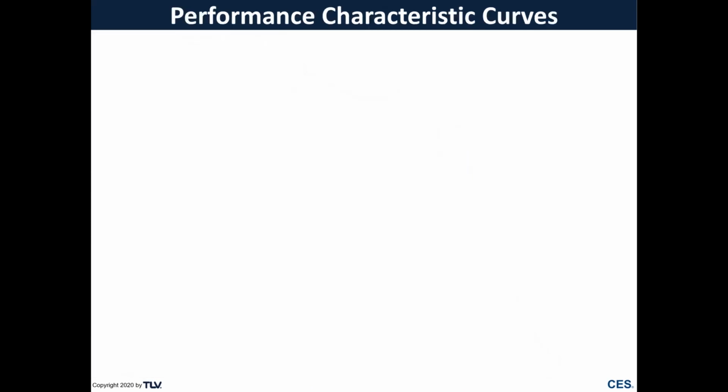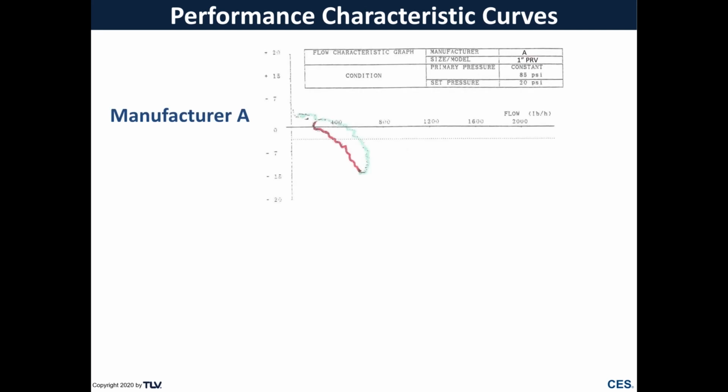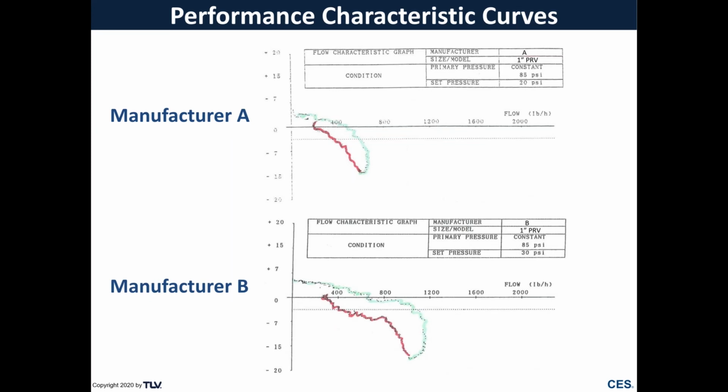All PRVs are not created equal, so let's look at the performance characteristics of 1-inch PRVs from various manufacturers. Manufacturer A shows a 15 psi drop from set value at a load of about 700 pounds an hour. Manufacturer B shows a drop of 15 psi at a load of 1,000 pounds an hour, but at 700 pounds an hour load, the drop-off is only about 6 psi.